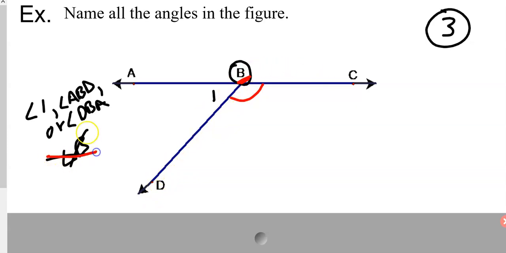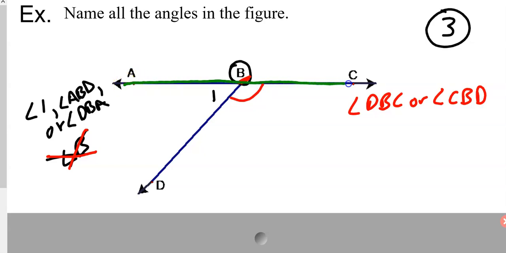Again, I cannot do angle B. So I could do angle DBC or angle CBD. You do not have to put both. And then last but not least, I have my straight angle here, which again has vertex B, so that would be angle ABC, or I can reverse it, CBA, as long as B is in the middle.